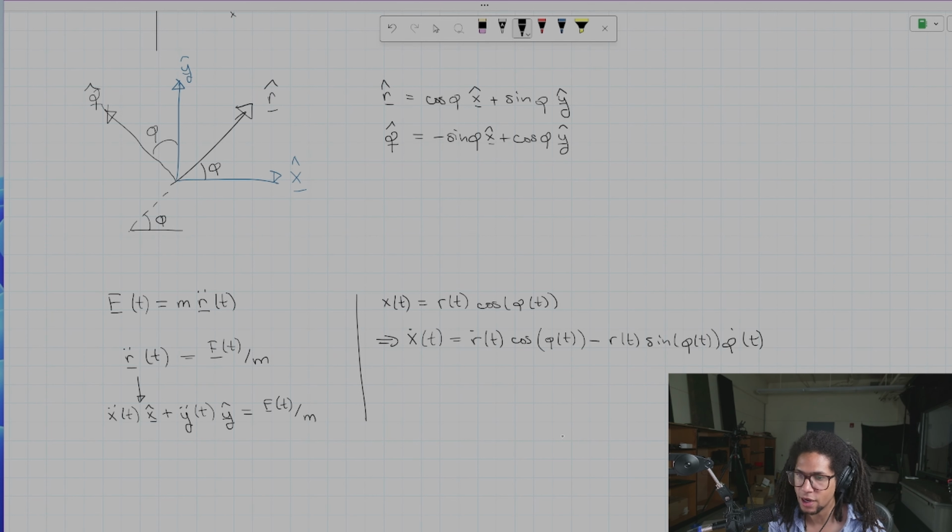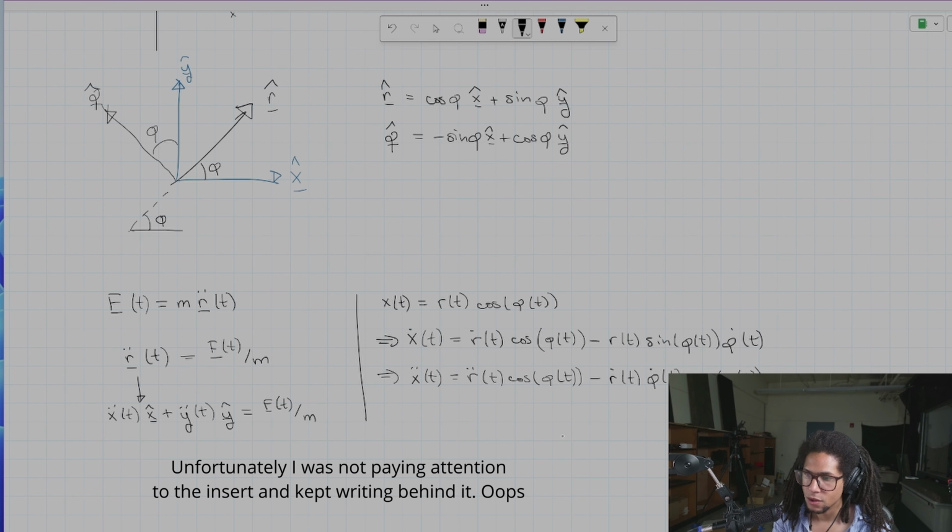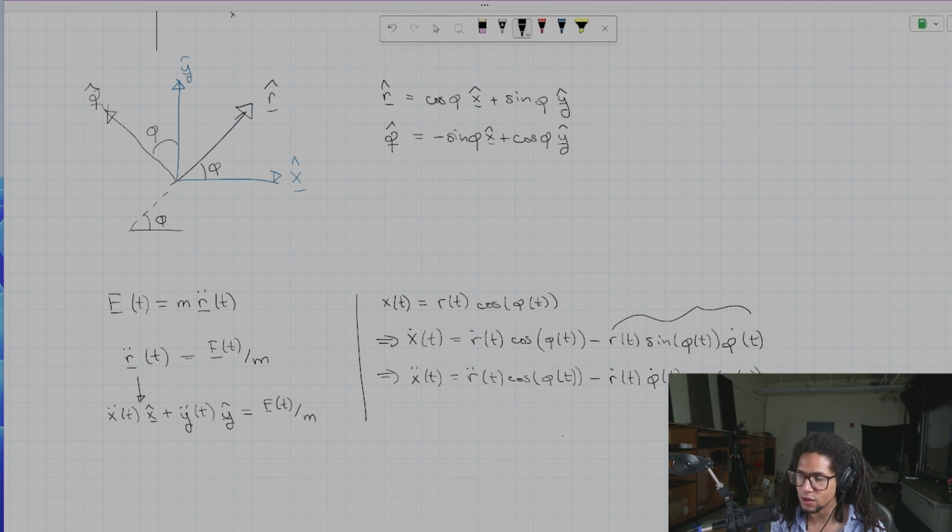That's my x dot. And furthermore, I can get x double dot. This is going to require even more sort of chain rule shenanigans, but in the end, it's a little tedious, but not that bad. All right, and then minus, like last time, r dot of t, phi dot of t, sine of phi of t. Great. Next, need to take the two derivatives of this thing.